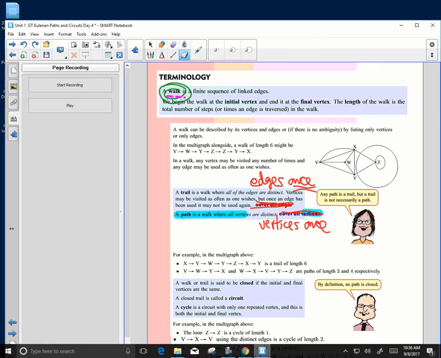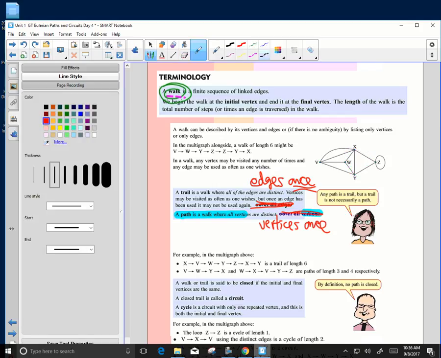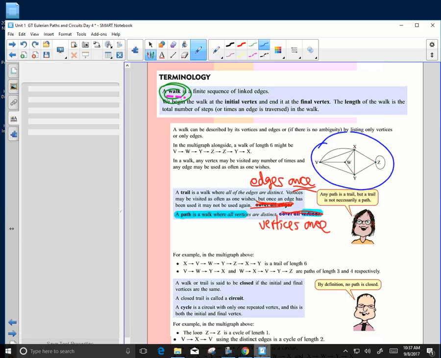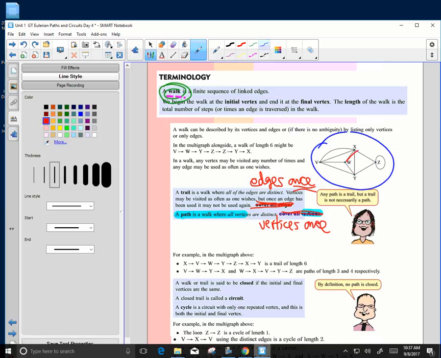So let's do a circuit here, or a cycle. A cycle is a circuit with only one repeated vertex. So give me an example, with this thing, of a cycle. X, W, V, Y, and then what? Z, X. There you go.